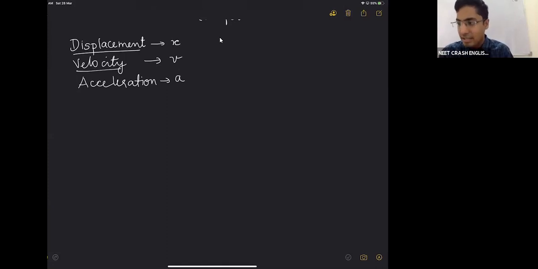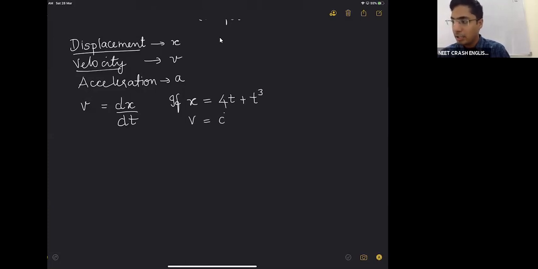The first thing is v is dx upon dt. So if you are ever given an equation for the displacement of a body, you just differentiate it, you will get the velocity. For instance, if x is 4t plus t cube, then v is d by dt of 4t plus t cube.